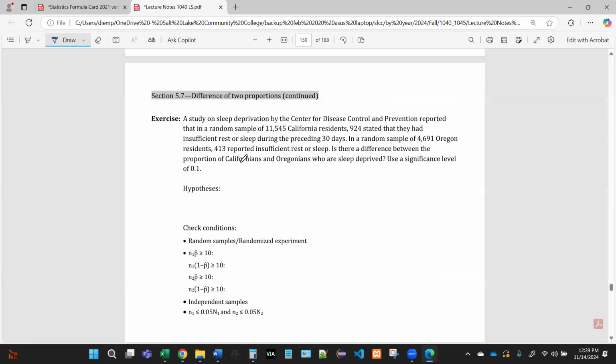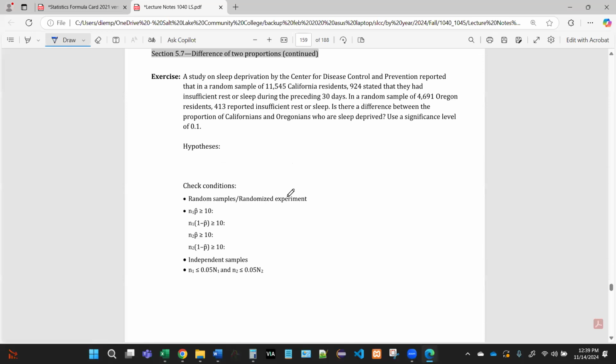So on this one, let's go to a different topic. Let's think about sleep. This is something we're all thinking about all the time, and we'll read studies about it in the news. It's sleep deprivation.